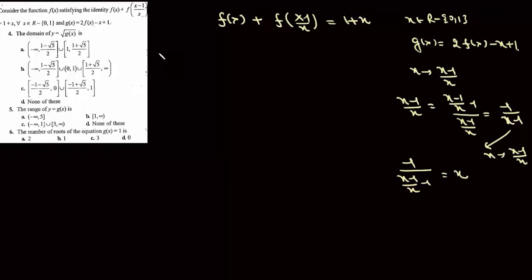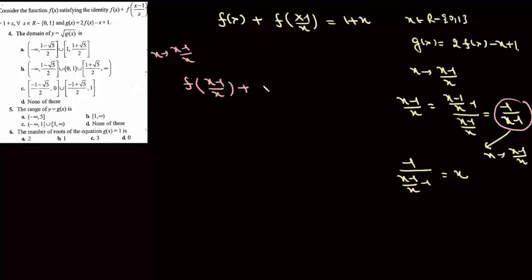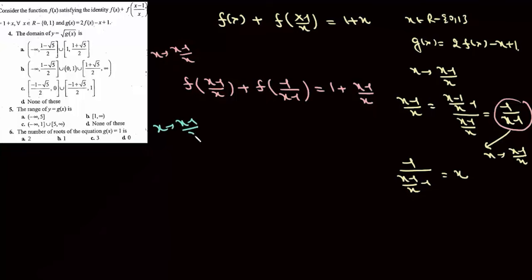So for the first part, we'll replace x with (x-1)/x. So we'll get f((x-1)/x) plus f(-1/(x-1)), which equals 1 + (x-1)/x. And in the next cycle, again we'll replace x with (x-1)/x. Now this (x-1)/x will again change to -1/(x-1).